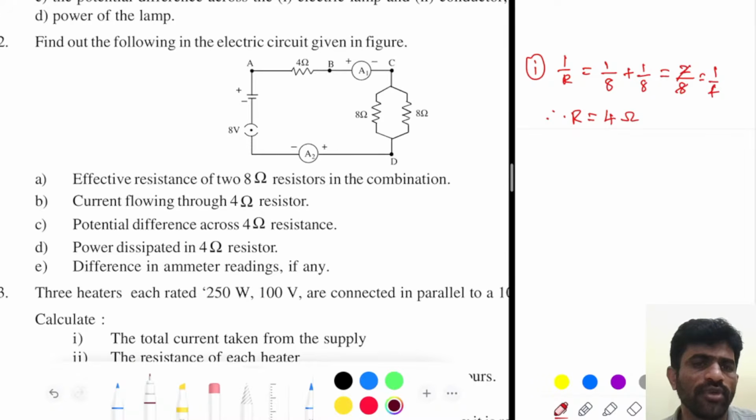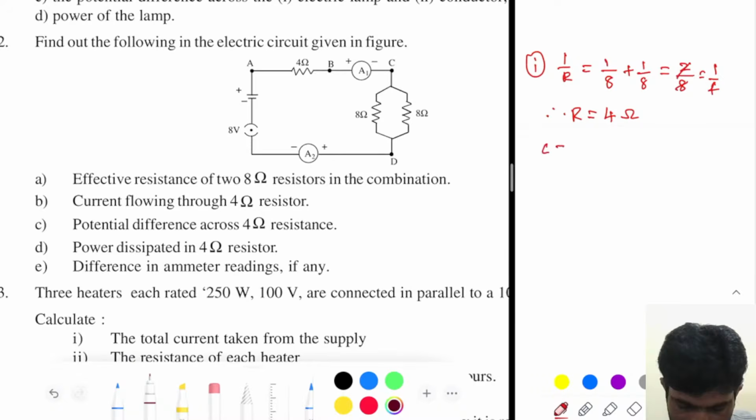Second question, current flowing through 4 ohms resistance. We want current through 4 ohms resistance. Current I is equal to V by R. Now 8 volts will be divided across.